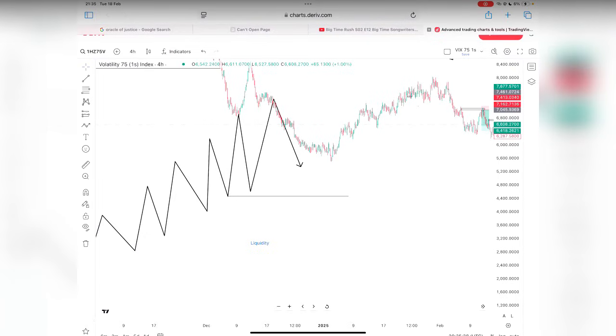What is this liquidity? We're not on that topic yet, but liquidity is money. It's like saying take from Peter to pay Paul. That is liquidity. So if price takes out a disruption, the other internals turn to liquidity.